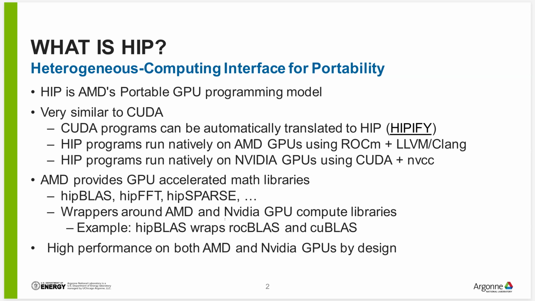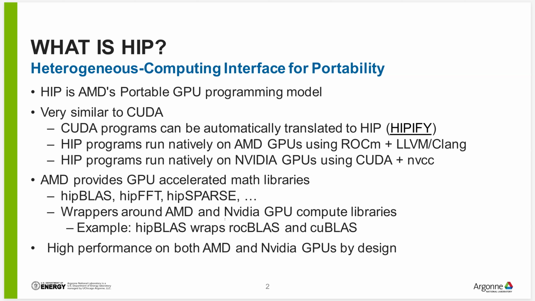And HIP programs run natively on AMD GPUs using their ROCm toolchain and LLVM Clang, while HIP programs also run natively on NVIDIA GPUs using CUDA and the provided NVIDIA compiler. AMD provides GPU-accelerated math libraries, which are equivalent to CUDA's.